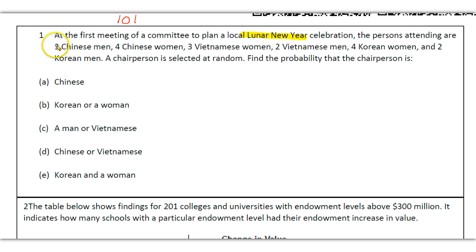Persons attending: 3 Chinese men, 4 Chinese women. Let's see what we can do here. 3 Vietnamese women, 2 Vietnamese men, and if I have another color, green, yes. 4 Korean women and 2 Korean men.